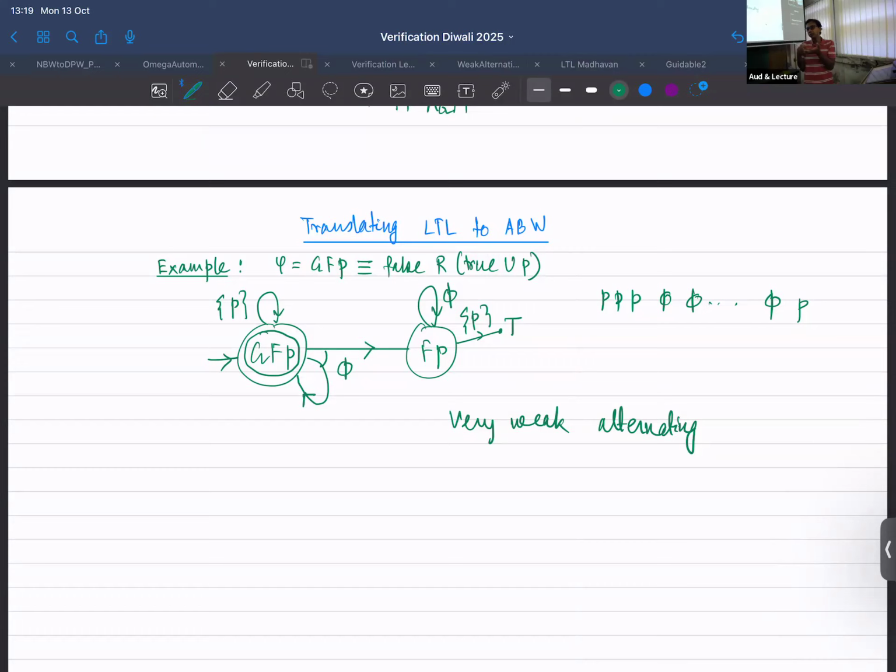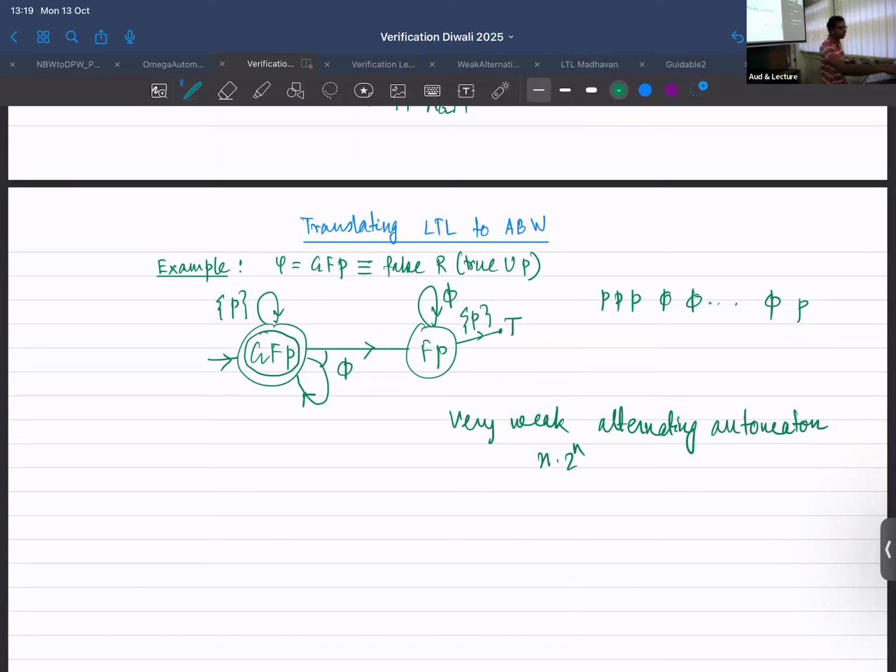So one state will anyway be either in alpha or disjoint, so it's weak. And when the SCC has a single state, it's called very weak. Okay. And one thing that is known is that for a very weak alternating automaton, when you translate it into an NBW, the blow up can be reduced from 3 raised to n to n times 2 raised to n.